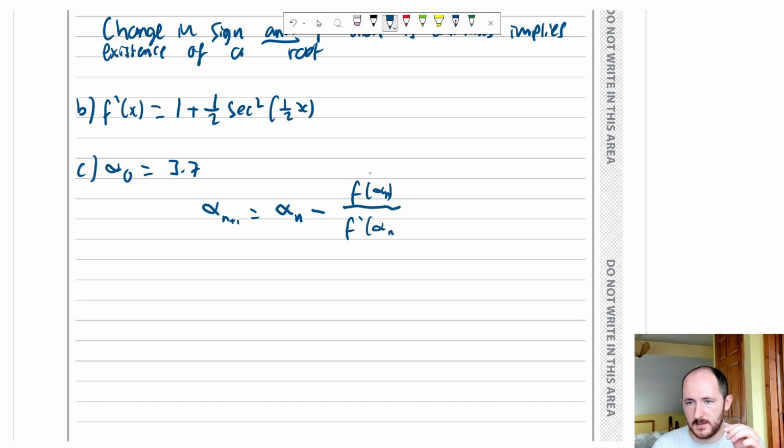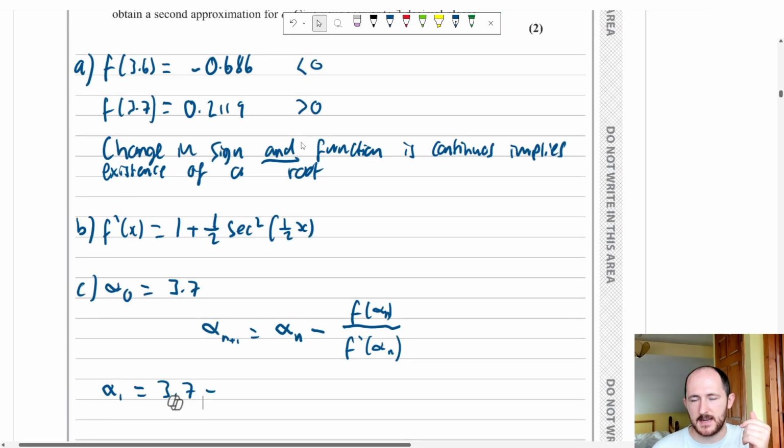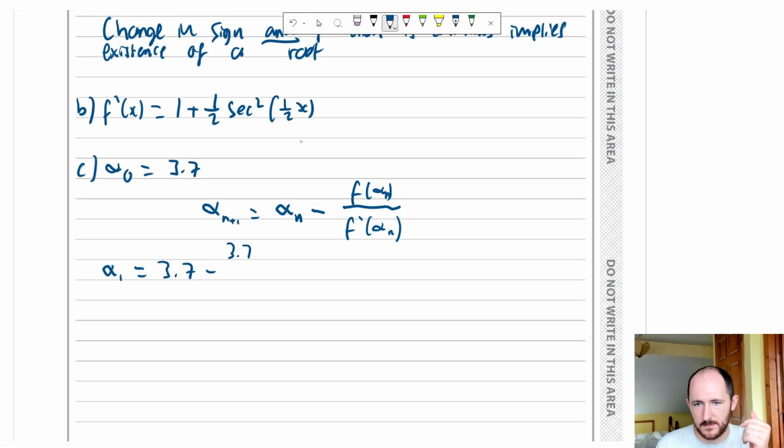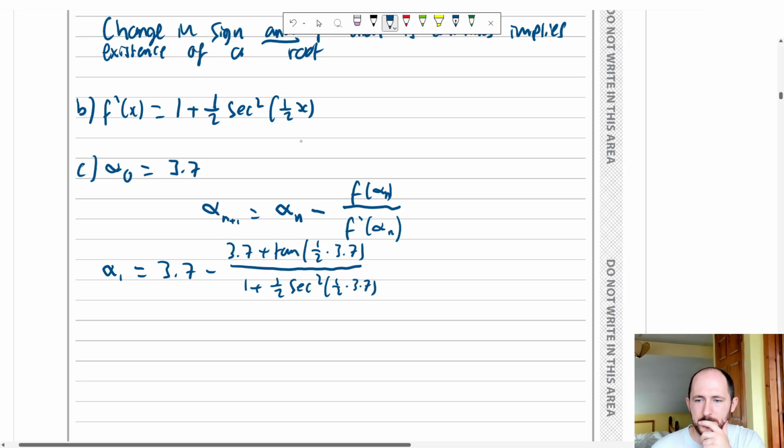So if I want to get the second approximation, alpha 1, all I'm subbing in is 3.7 minus, and it was x, so that's 3.7 plus tan of a half times 3.7, over 1 plus a half sec squared of a half times 3.7.